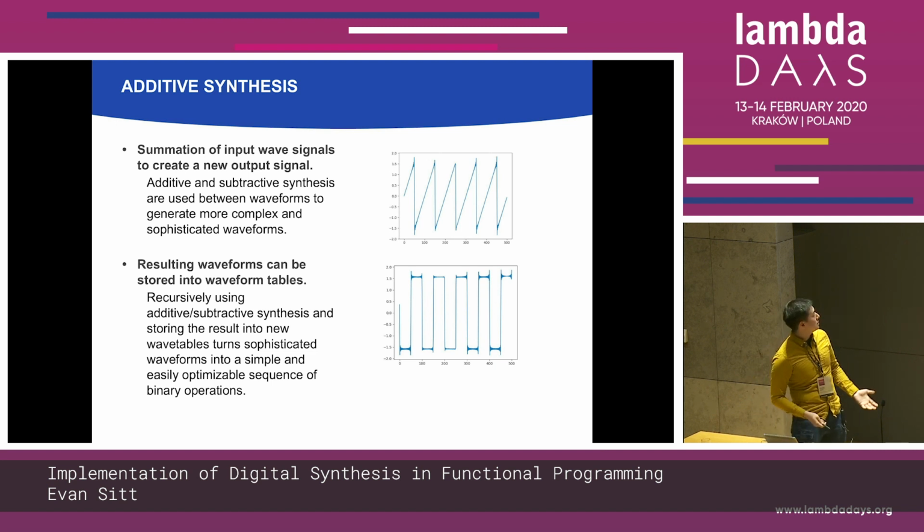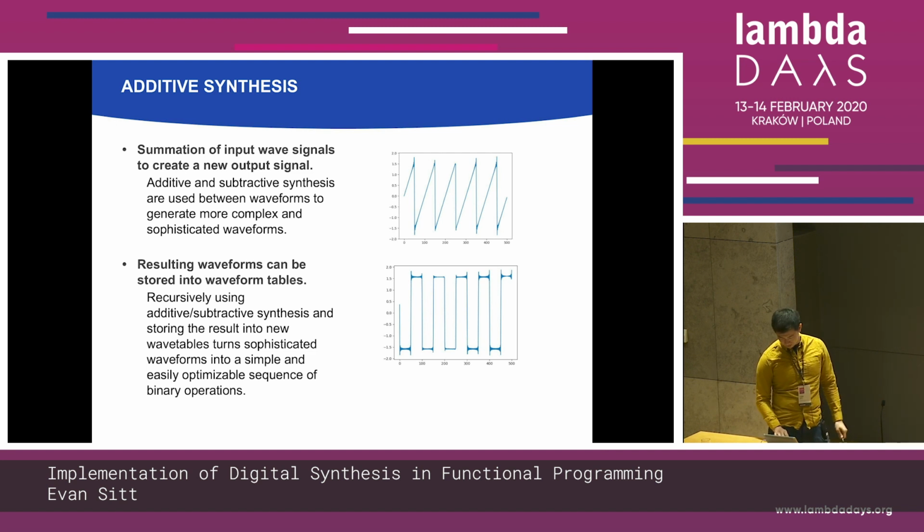Every time you synthesize a new waveform, whatever you want, you store that into a new waveform table. And then after you store that, you recursively use it to add up and make more waveforms and store those again. From there, you can start from a single sine wave table and very quickly make something that sounds more like a piano or something much more sophisticated.